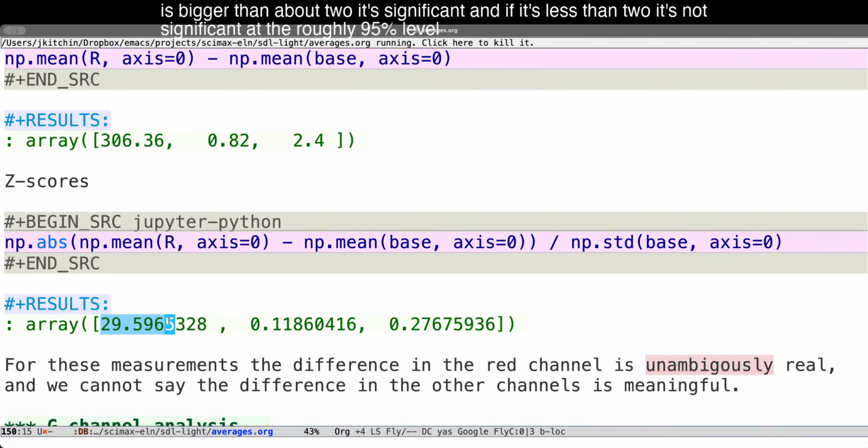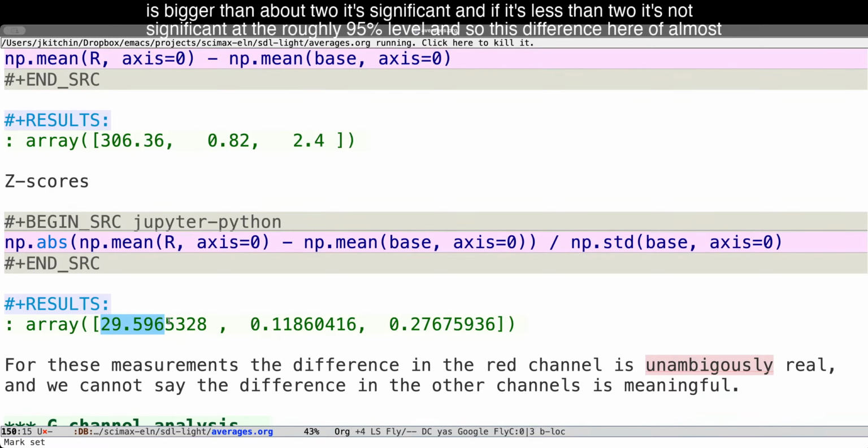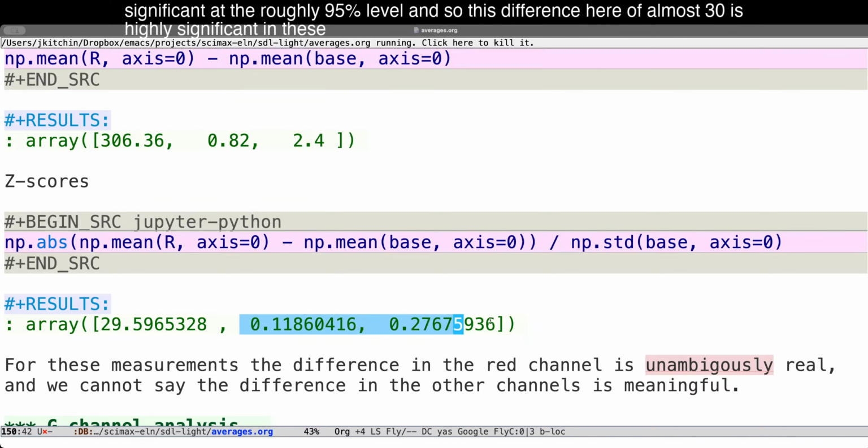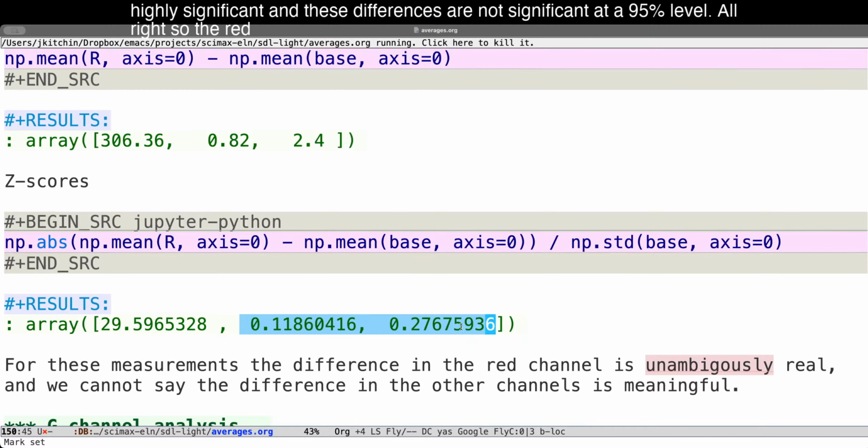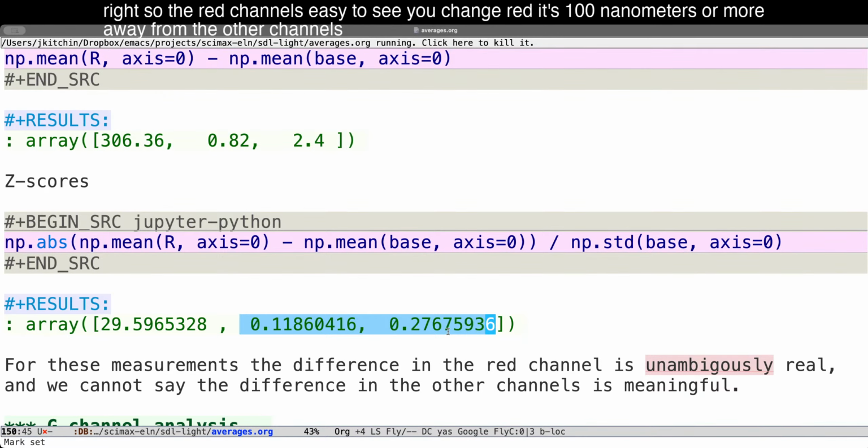So this difference here of almost 30 is highly significant, and these differences are not significant at a 95% level. All right, so the red channel's easy to see. You change red, it's 100 nanometers or more away from the other channels, and you don't see any influence.